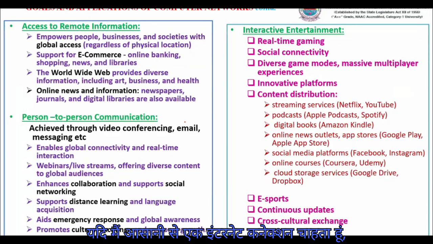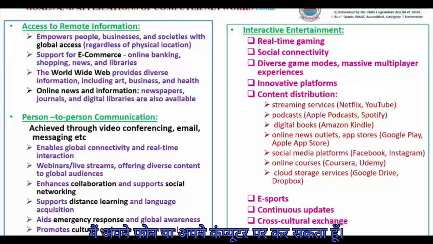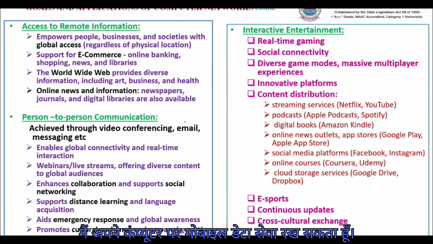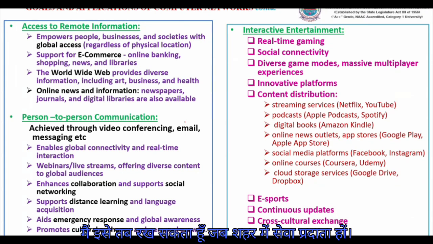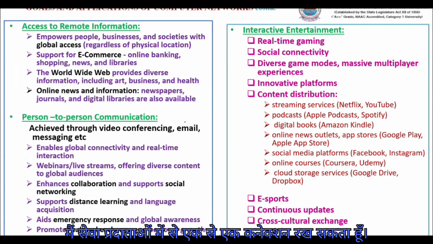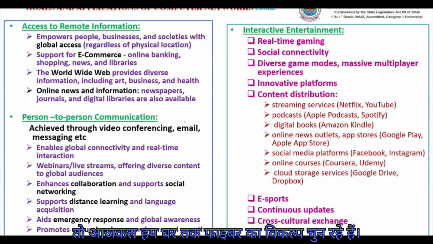And now also you might be seeing, if I want to have an internet connection, I can easily have it. On my phone, I can have the mobile data service. On my computer, there are service providers in the city, and I can have one connection from one of the service providers. So nowadays we are opting for the fiber to the home connection.